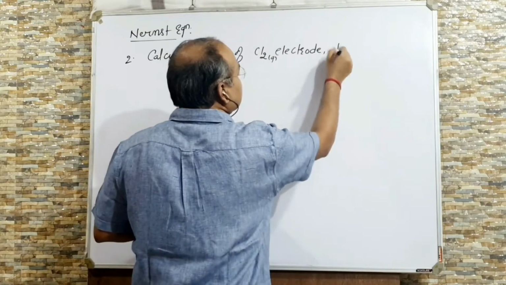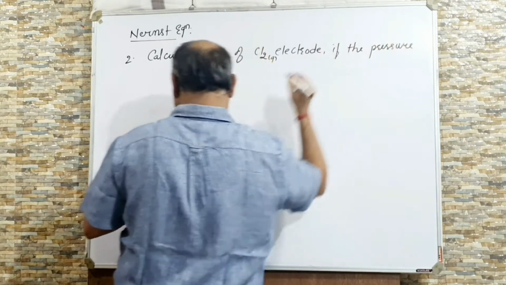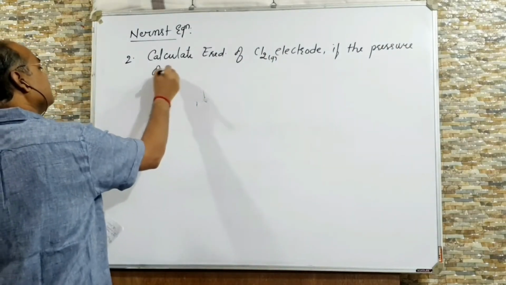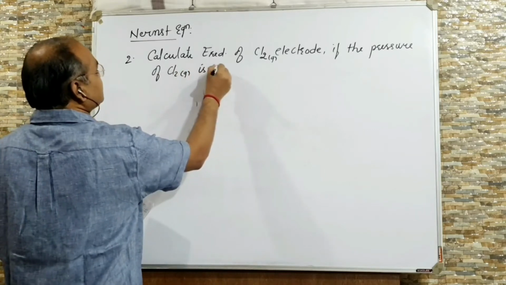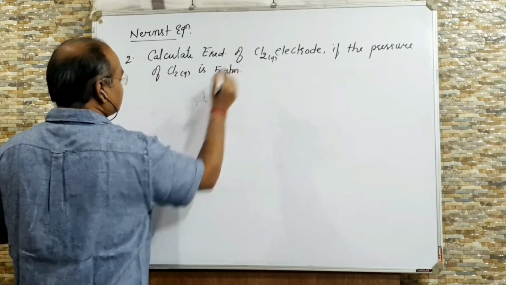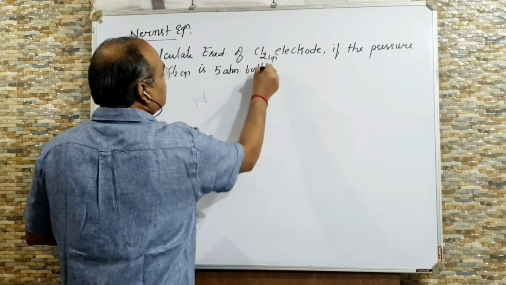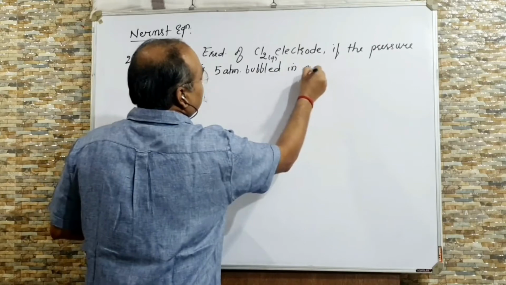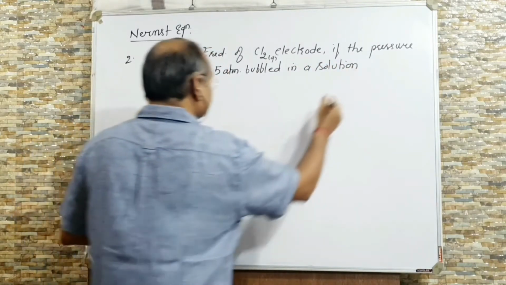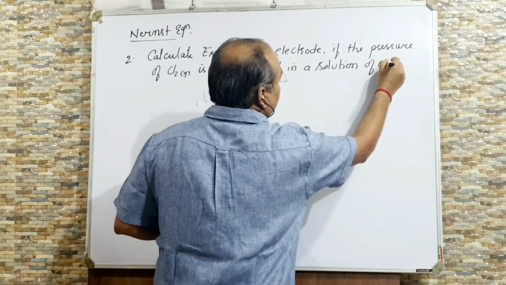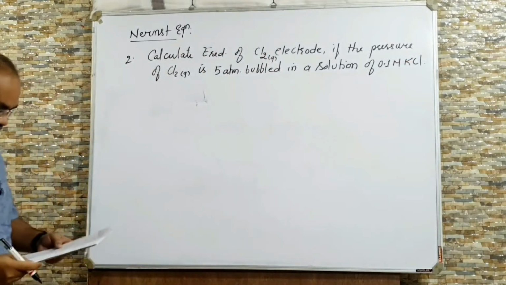If the pressure of Cl2 gas is 5 atmosphere, bubbled in a solution of 0.1 molar KCl, potassium chloride.